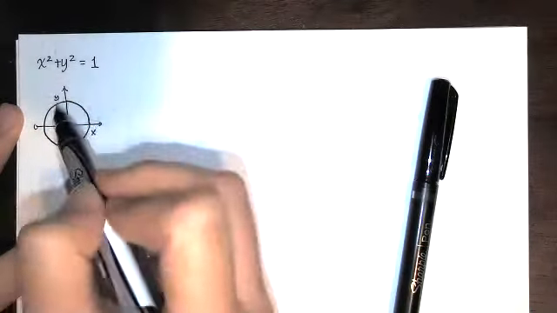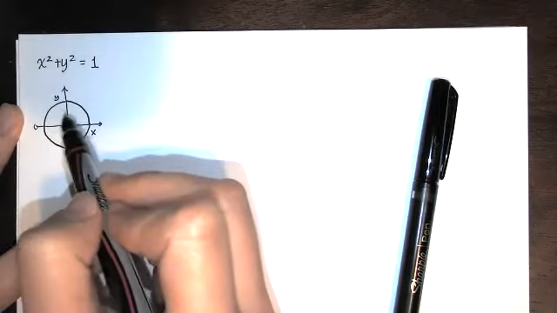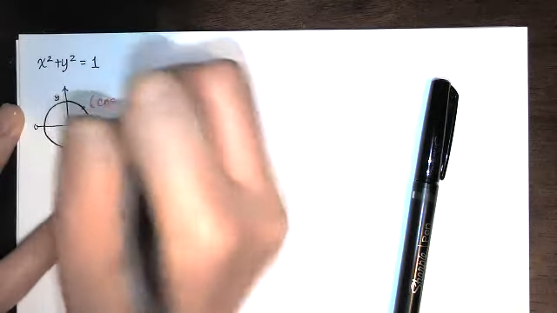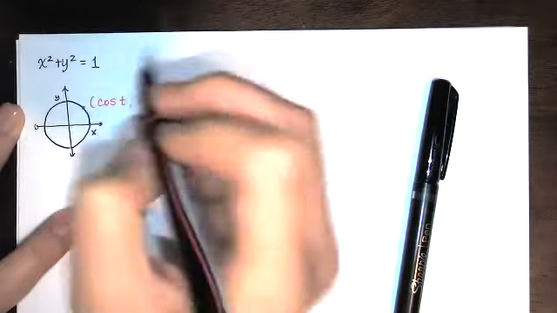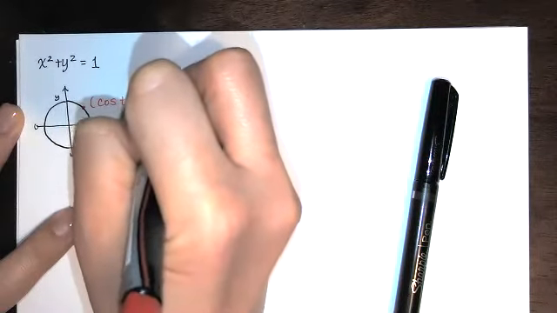Now, if I want to parameterize this circle, which just means I want to represent that circle using a third variable, I can let x be equal to cosine of t, I think I'm going to use t for my parameter, and let y be equal to sine of t.